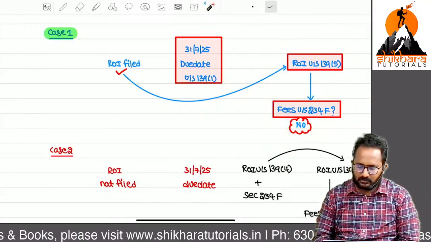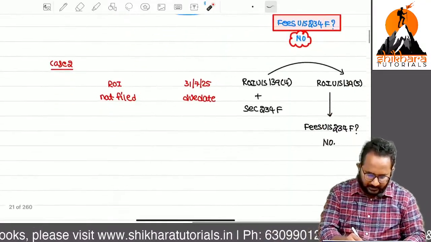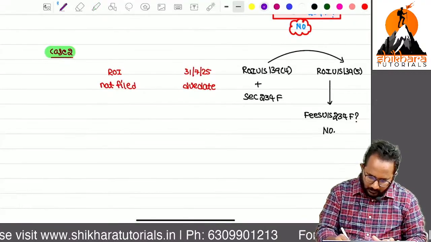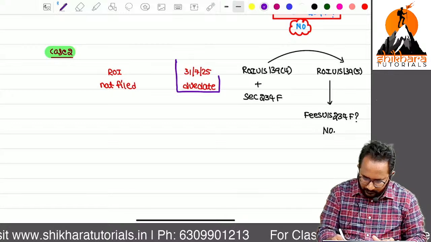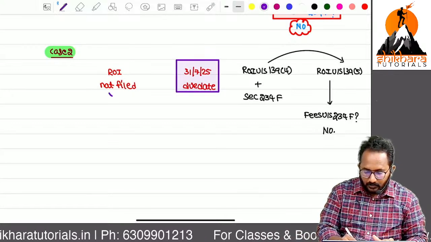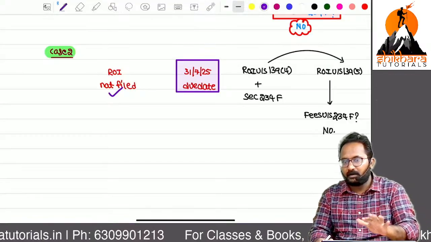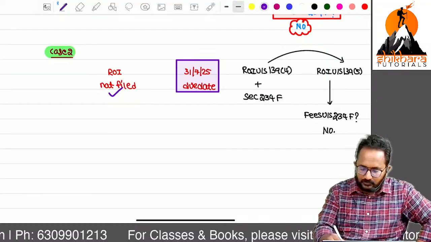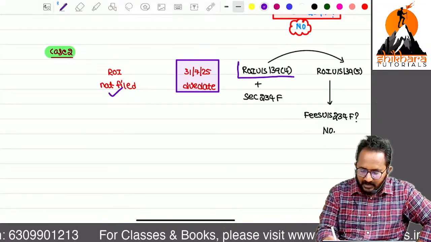Now I will tell you the second case. What is the due date here also? 31st July. Remember, here the return was not filed before the due date. So now you have a chance to file which return? Belated return.